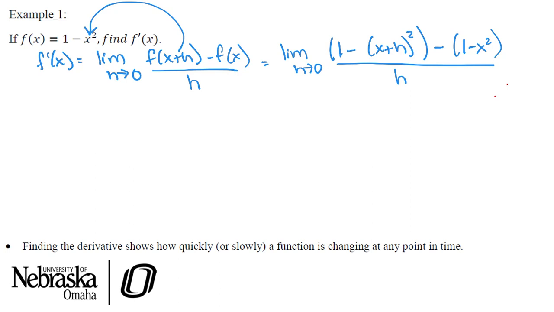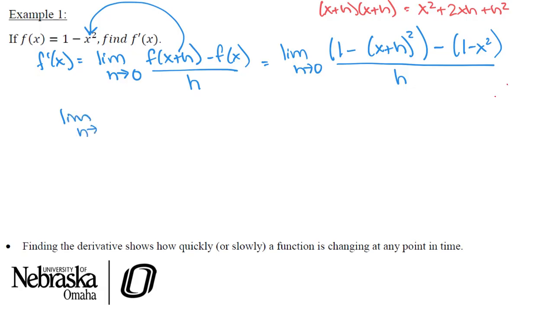Now we need to FOIL x plus h. If you still need to, make sure you review this. x plus h squared is equal to x plus h times x plus h, so we get x squared plus 2xh plus h squared.